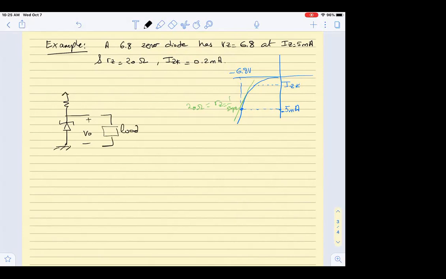It is being fed by a voltage source V plus, equal to 10 volts. So we will look at the first question.